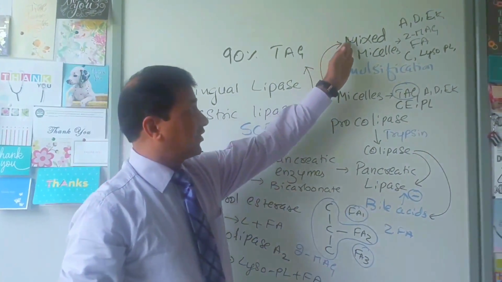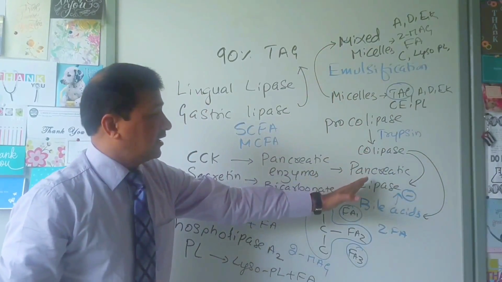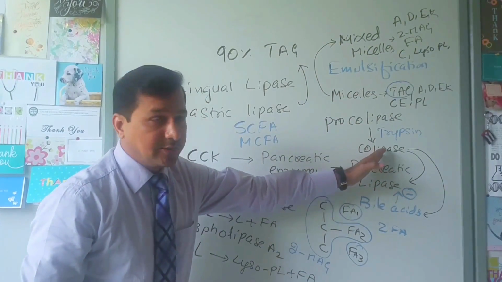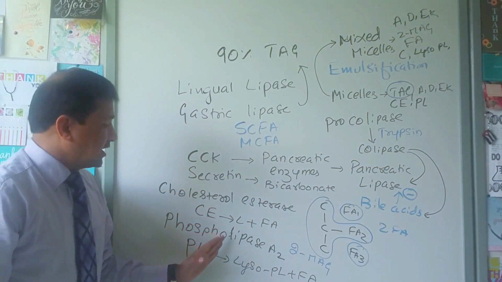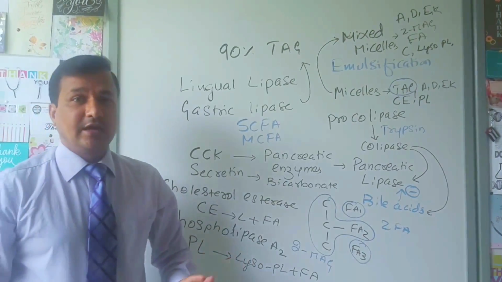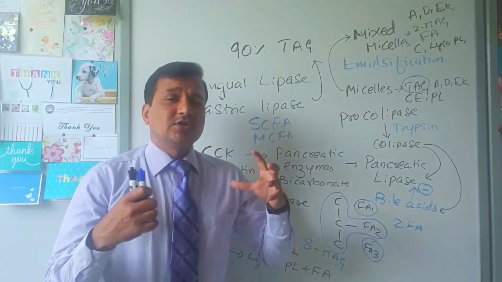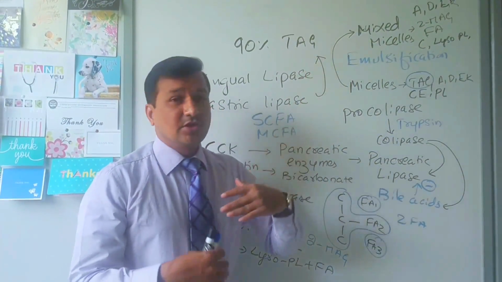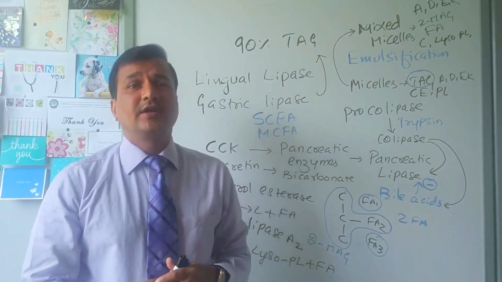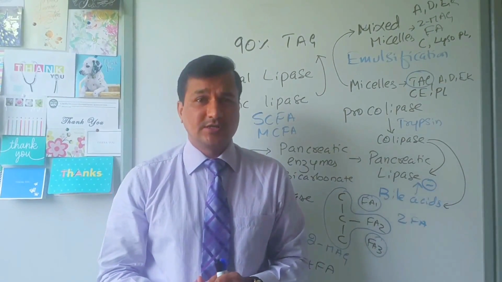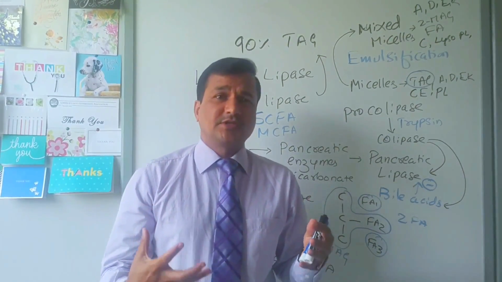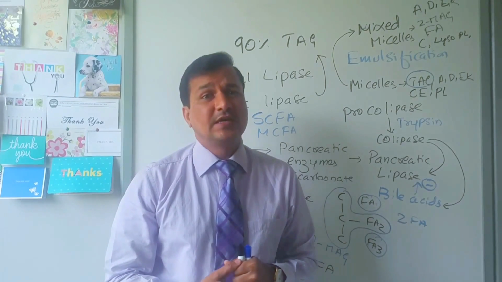So micelle is converted into mixed micelle at the end of the action of pancreatic lipase with colipase, cholesterol esterase, and phospholipase A2. Okay, so this mixed micelle, as it moves down into the duodenum, will be absorbed into the enterocytes of the duodenum.